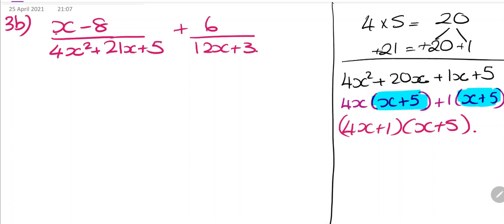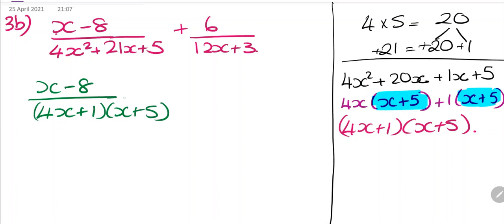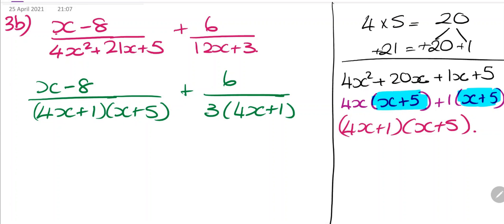So if we write that, this is going to be x minus 8 over 4x plus 1 and x plus 5. Now the second one we can factor. If we factor by 3, this will be 4x plus 1. Now we need to find the lowest common denominator.